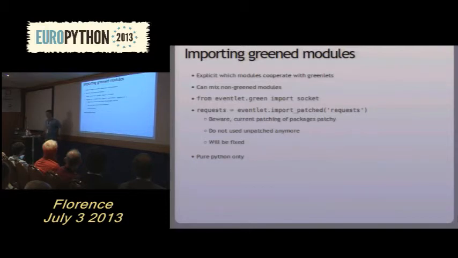That's unfortunate, but we're aware of it, and hopefully that should be fixed not too long in the future. So that allows you to build a world where you have both Eventlet code and code that's actually really blocking.